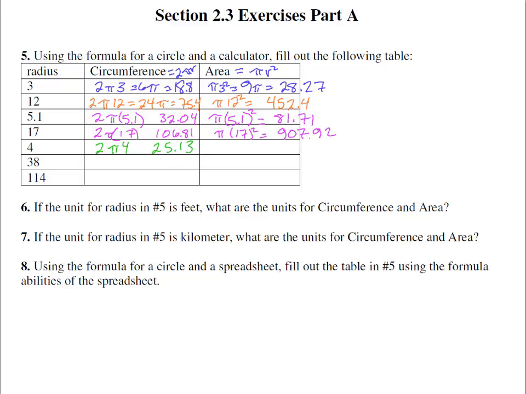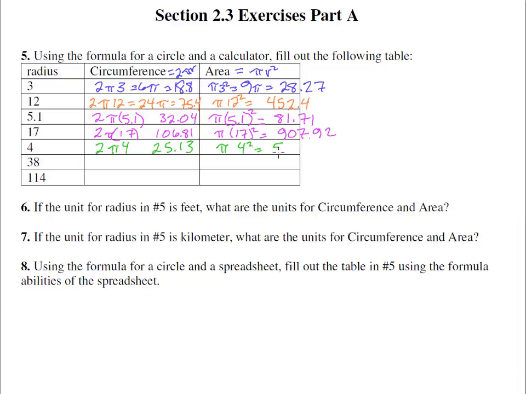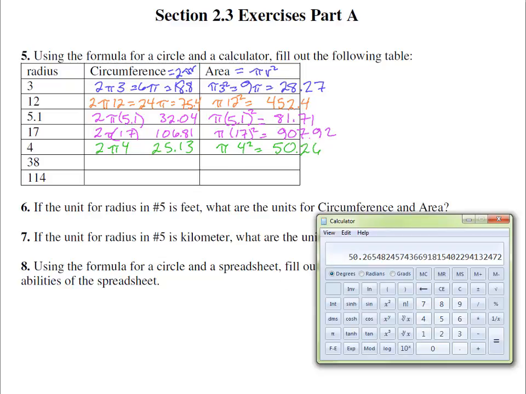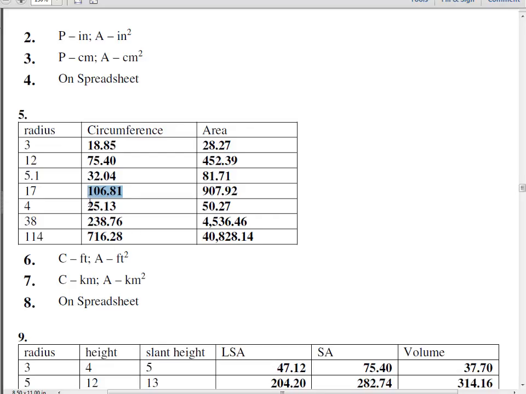And with the area, pi times 4 squared, 16 pi. 16 times pi equals 50.27. Let's double check those. 25.13 and 50.27. Good.